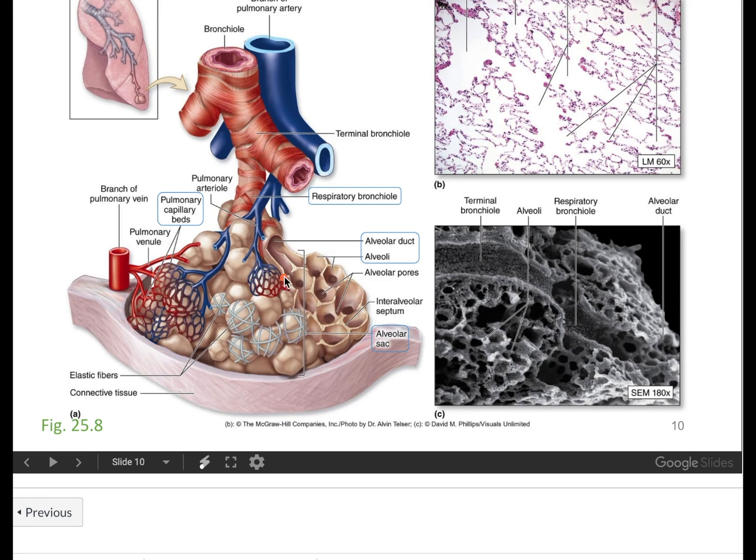So then oxygen is going to come into the capillary system, carbon dioxide and water are actually going to leave the system, and those capillary beds are going to get a little bit bigger into what are called the pulmonary venules. You can see the pulmonary venule right there. And then those pulmonary venules are going to dump into the pulmonary veins, which will then end up in those 4 main pulmonary veins that end up in the left atrium.